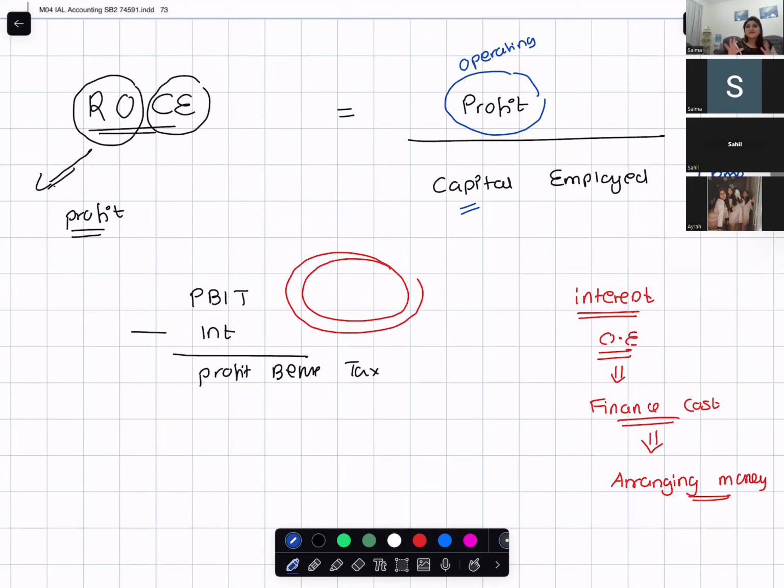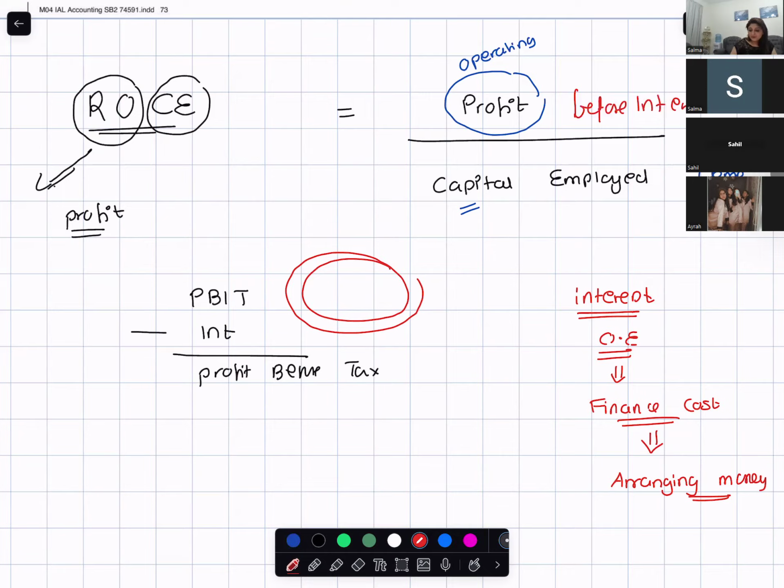It is not the expense to operate the business. That is the reason when we are calculating profit, you exclude the interest. So when I talk about return on capital employed, it is net profit before the interest. Are you with me?